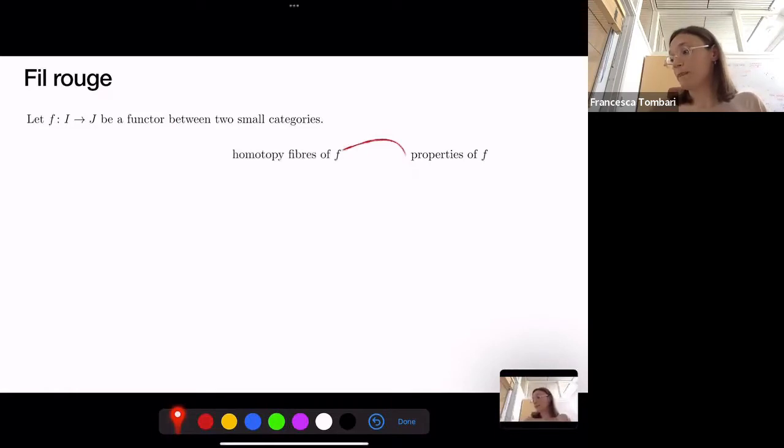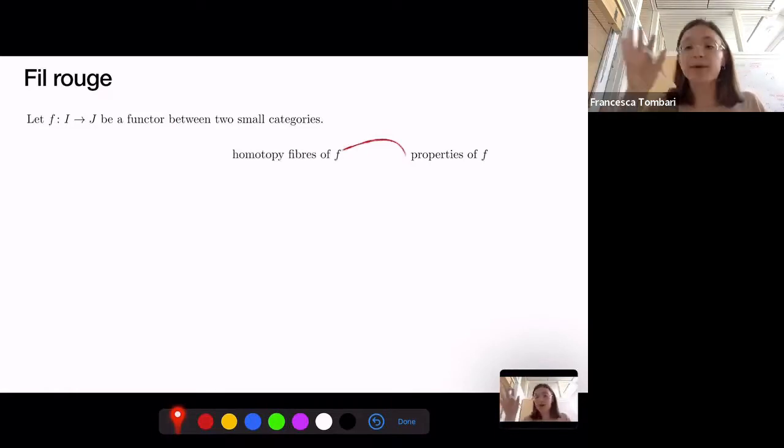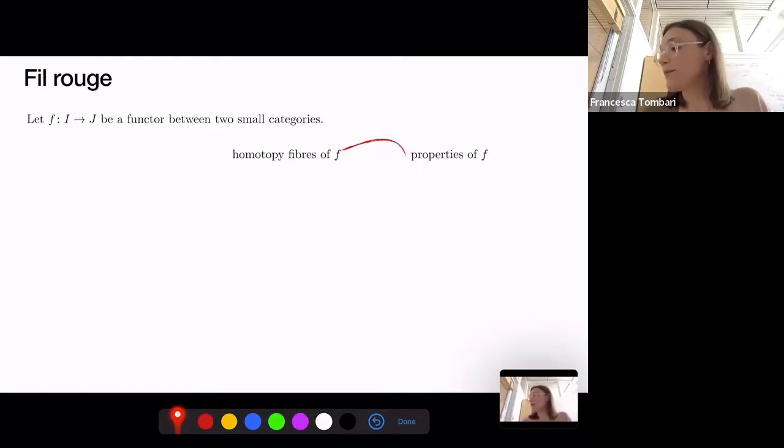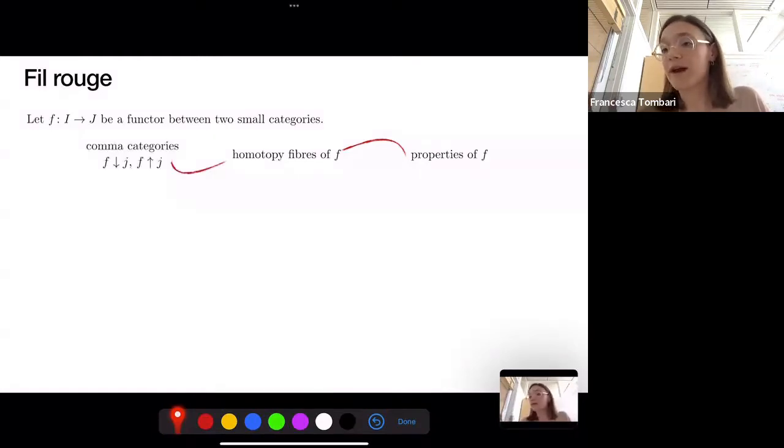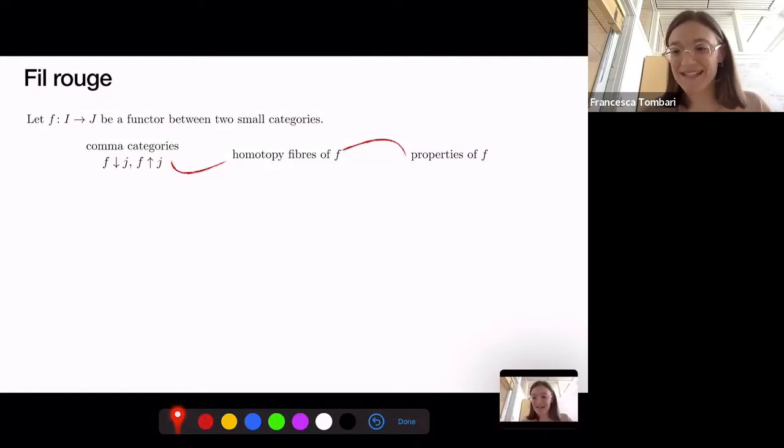Anyway, if we want to study such properties, we may go to the homotopy fibers of this functor, which give us some sufficient conditions, some features, some properties to state something about the functor. But we do one step more, because the homotopy fibers are built out of comma categories. I'm not very precise here, but please keep these words as ideas.